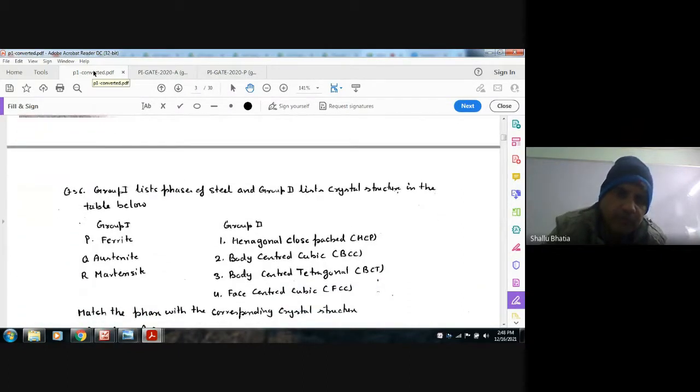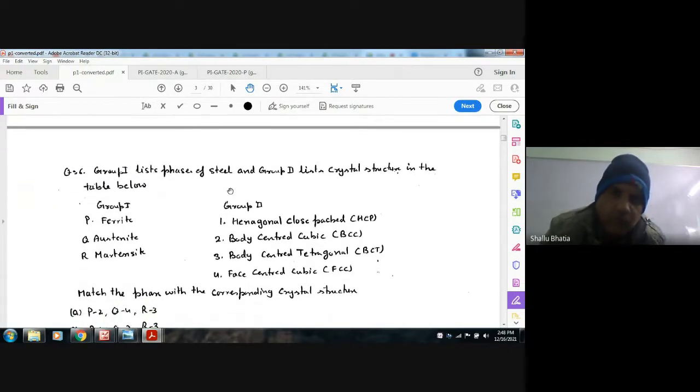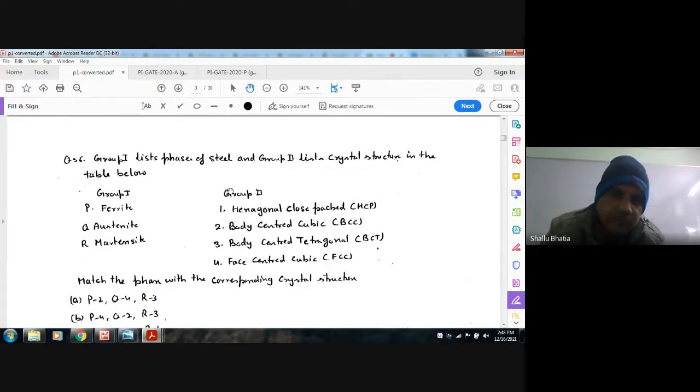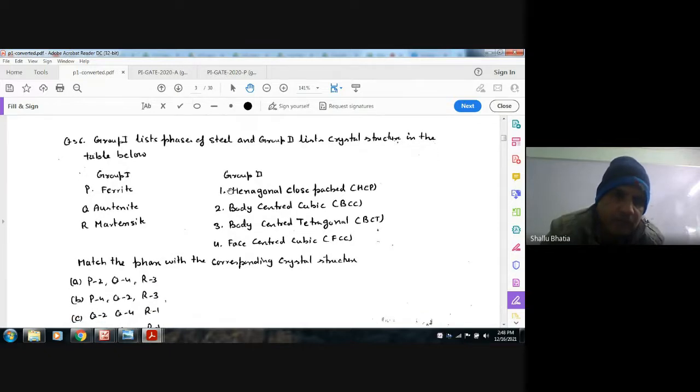Group 1 lists the phases of steel, and group 2 lists crystal structure in the table below. Group 1 is P ferrite, Q pearlite, R martensite. Group 2 is 1 hexagonal close packed HCP, 2 body centered cubic BCC, 3 body centered tetragonal BCT, 4 face centered cubic FCC.